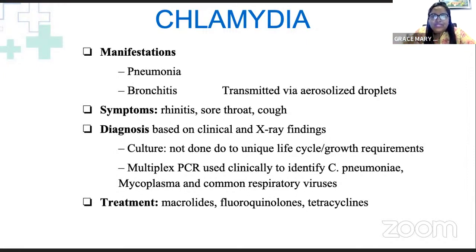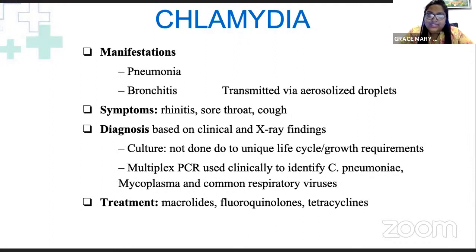Therefore, the symptoms are also fewer. The x-rays show an atypical pattern, it can be in both lobes. With streptococcus you have a lobar pneumonia, a consolidation in one lobe, but with atypical it's more spread across. PCR can be one way to identify this. And like I told you, I've shown you the spectrum.